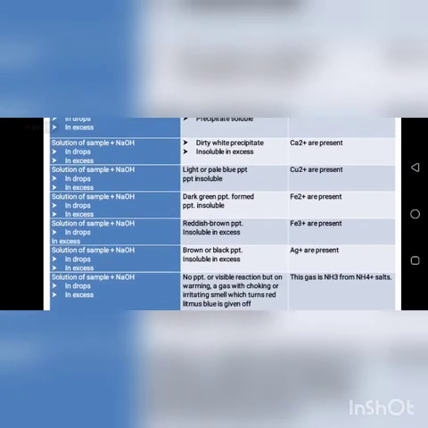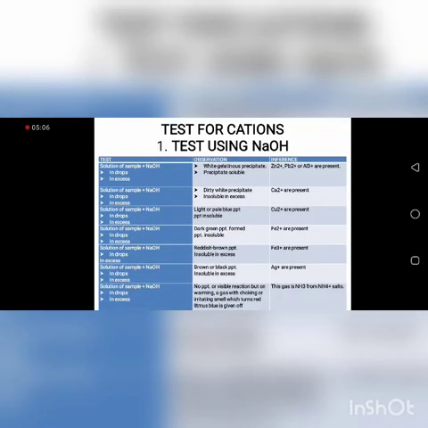The last one is a solution of sample plus sodium hydroxide in drops, and there is no precipitate or no visible reaction, but on warming the solution, a gas with a choking or irritating smell which turns red litmus paper blue is given off. That confirms that this gas is ammonia, and the ammonia is coming from ammonium salts. So that is how to identify cations using sodium hydroxide.